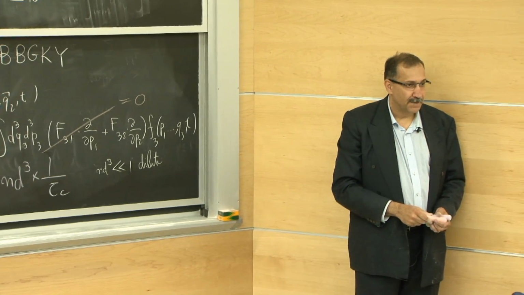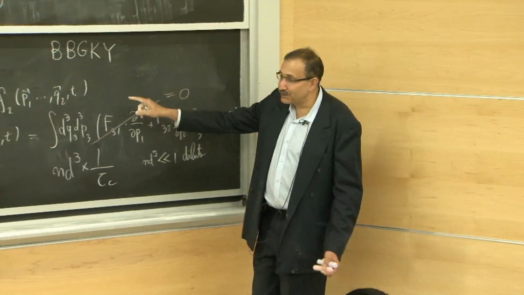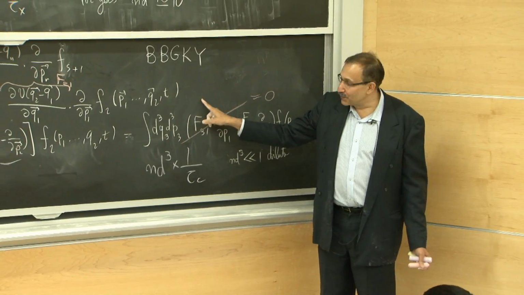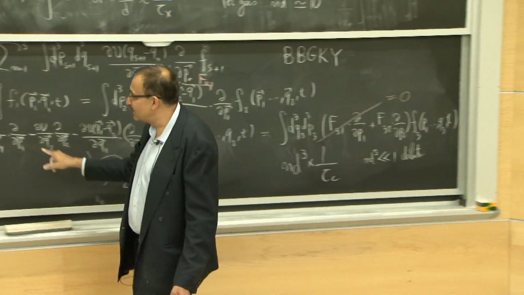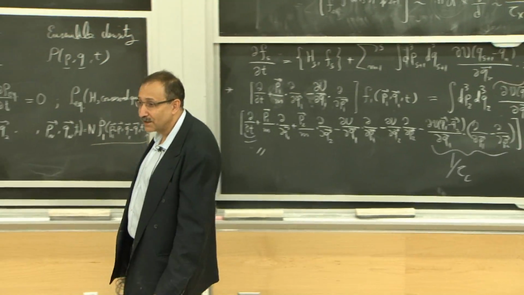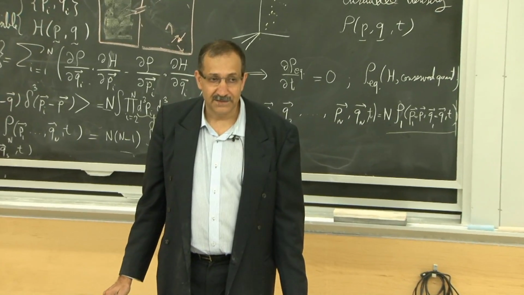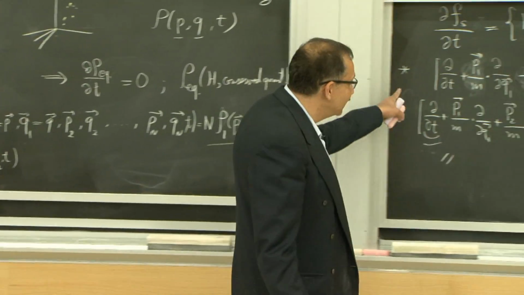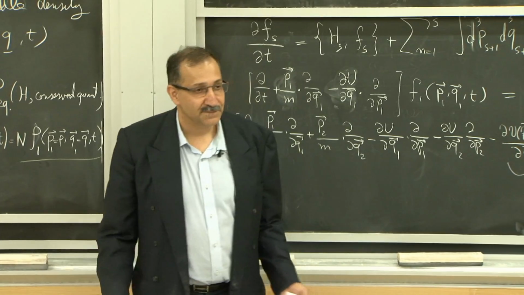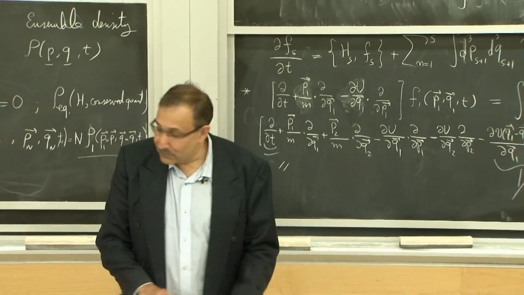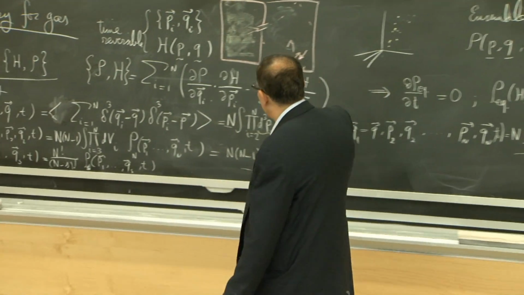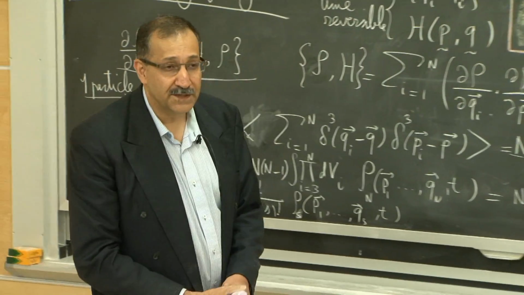Now, I can't do that for the first equation, because the first equation is really the only equation in the hierarchy that does not have the collision term on the left-hand side. And so for the first equation, I really need to keep that. And actually, it goes back to all of the story that we've had over here.